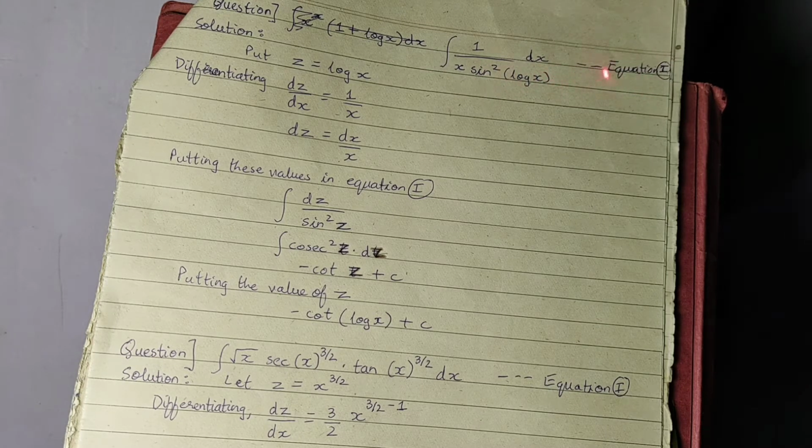We will be keeping equation 1 because we need it later on. Here we will substitute log x as z. You are already aware of the substitution. In this substitution, we differentiate with respect to x.